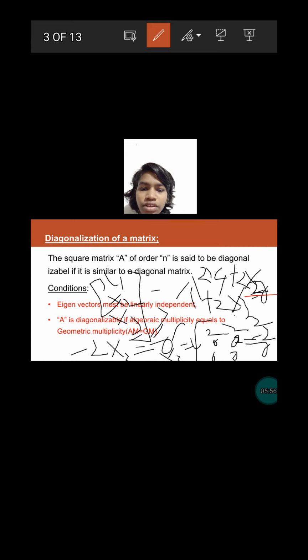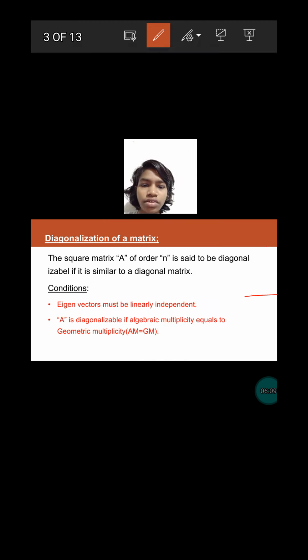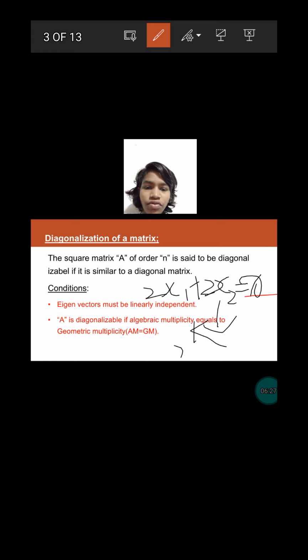From this equation x3 equals 0, and when we substitute x3 in equation 1, we get 2x1 plus 2x2 equals 0. Now we consider x1 or x2 as some k, then we get x1.